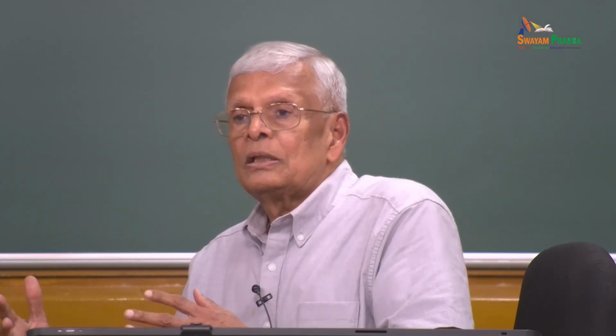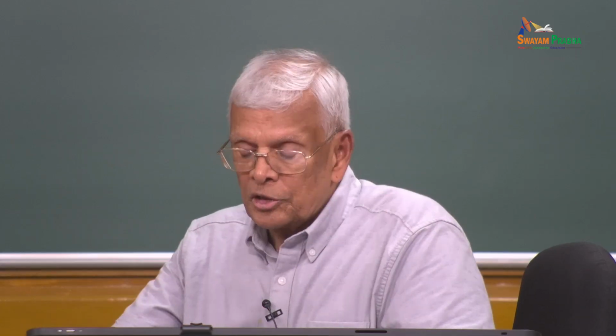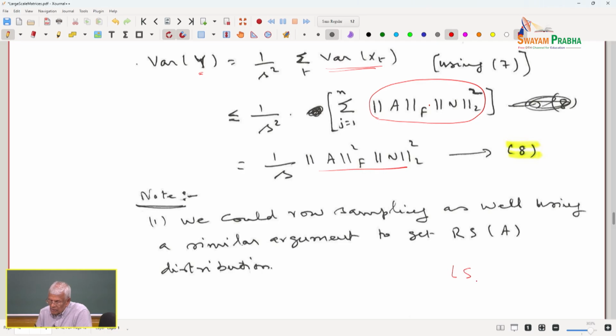Please understand, the whole thing rests on the length squared distribution of the columns of A. If I can have column based sampling, I can also have a row based sampling of A. So, the row selection of A, the column selection of A, everything is based on the squared length distribution.